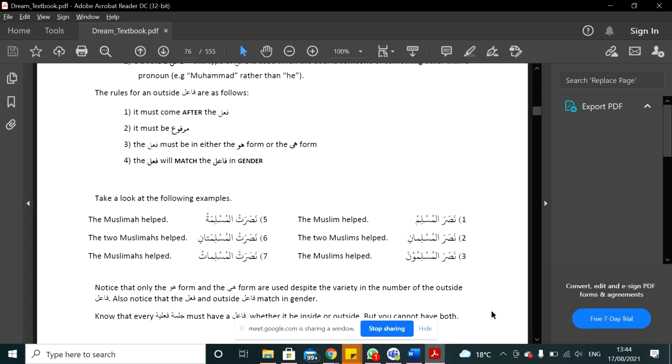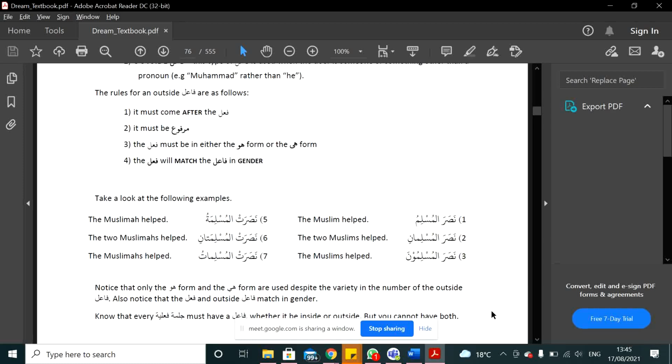So the verb will remain in a huwa form, and the noun can be changed in number: Muslimu, Muslimani, or Muslimuna, but it should be third person. Get it, Sister Lipi? Yes, Alhamdulillah. Nasara al-Muslimu, Nasara al-Muslimani, or Nasara al-Muslimuna. But since they are all masculine, we are using the Muslim chart, not the Muslima chart.